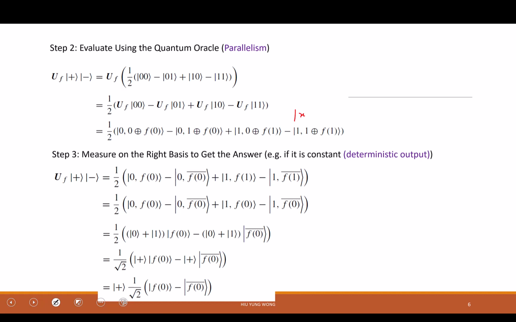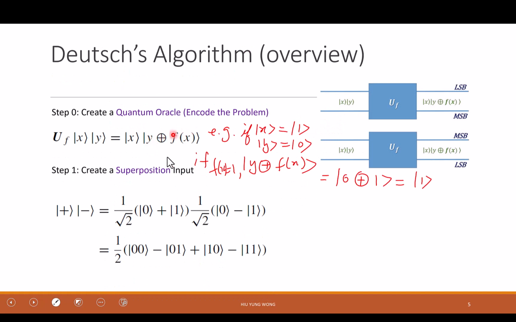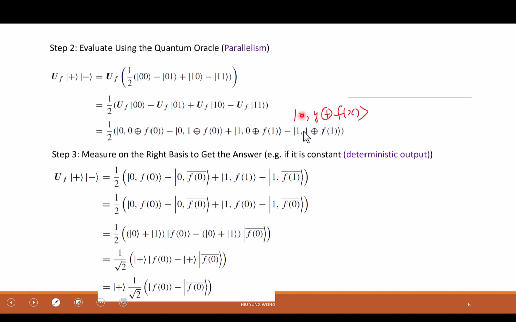This is just like x, x exclusive or f of, not x, it should be y. Y exclusive or f of x. That is exactly what I'm writing here. Go back to here. X, y exclusive or f of x. X is 1, y is 1, f of x is 1. Okay?